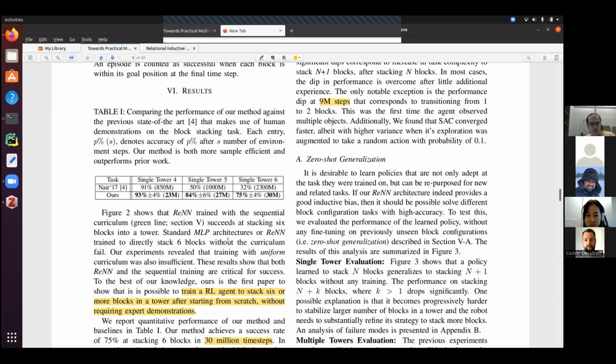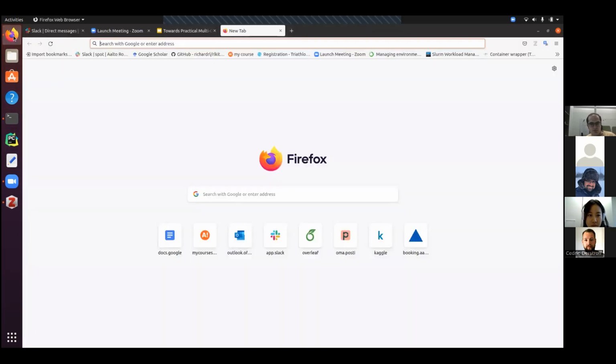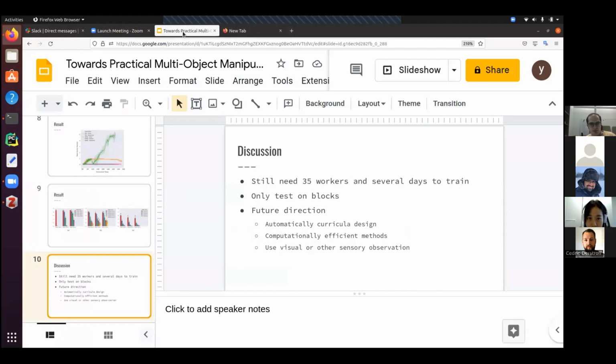So one question. Try to go back to the slide. In recent papers, they use massively parallel environments to make the training time much shorter. Is it possible in this scenario or not?